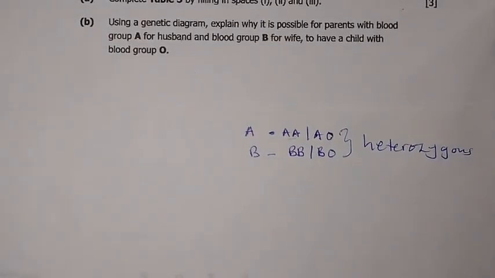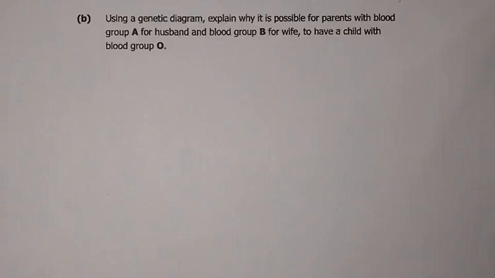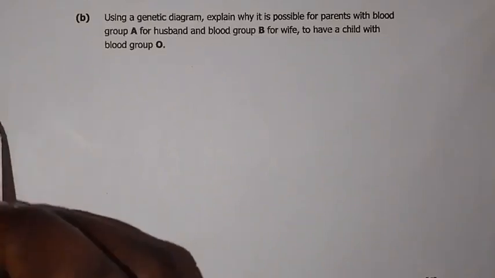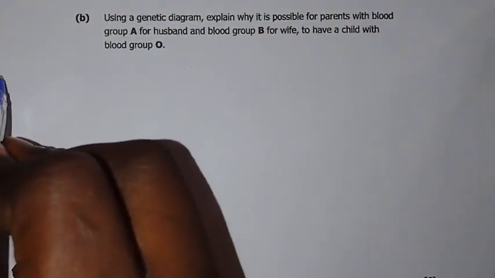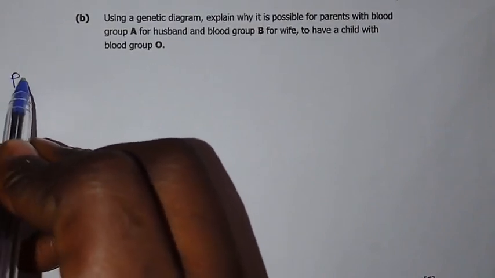Okay, so now let's come up with the genetic diagram so that you can show how it is possible. So first thing, we need to come up with the parental phenotype.